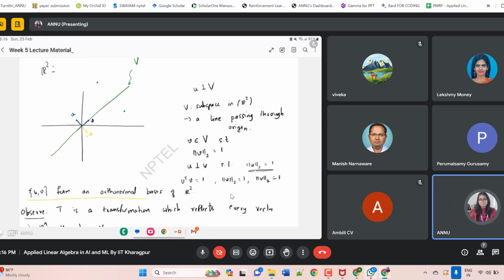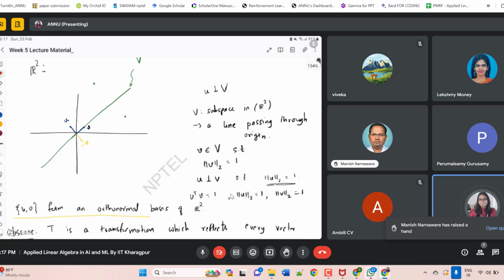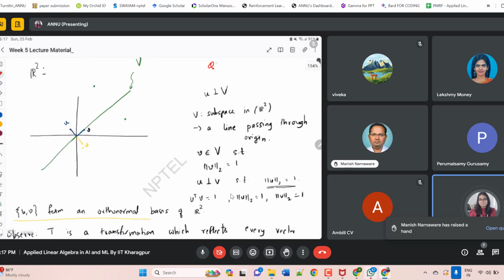Similarly, the same thing comes when you want to decompose into an orthogonal matrix and an upper triangular matrix. Why was the orthogonal matrix of prime importance? Because an orthogonal matrix has the property Q transpose Q equals I, which implies that Q transpose equals Q inverse.